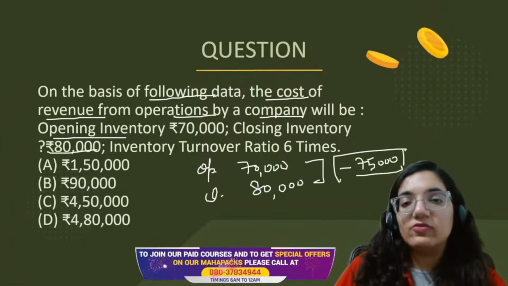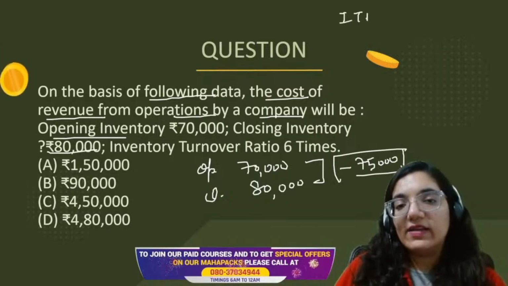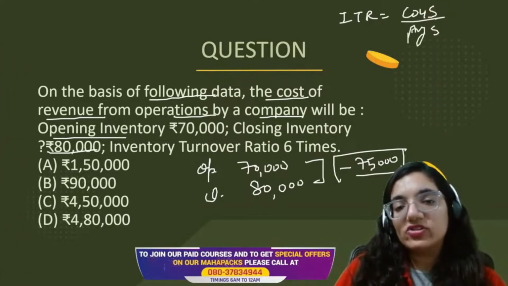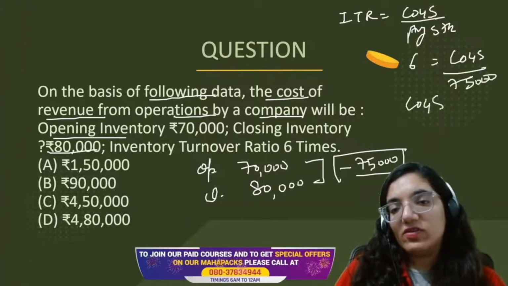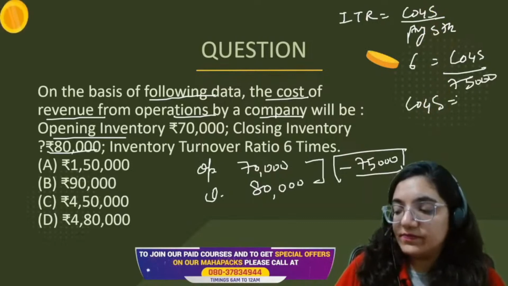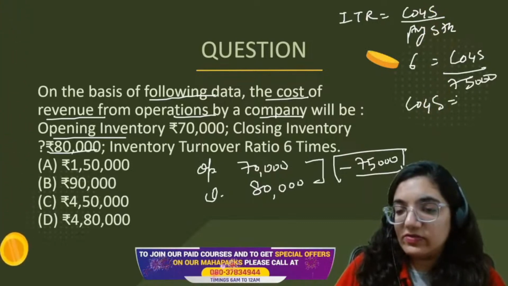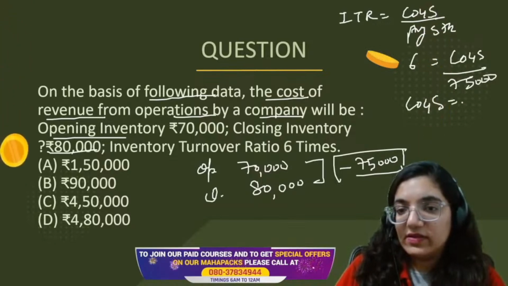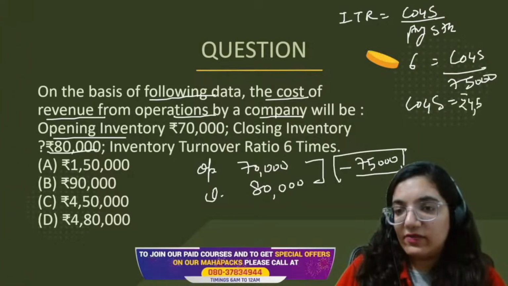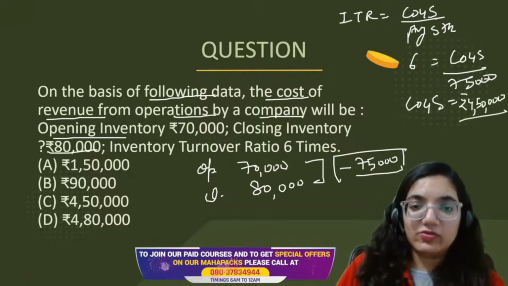Now if I use the formula, ITR is equal to COGS divided by average stock. This is 6 is equal to COGS divided by 75,000. That gives me COGS is equal to 75,000 multiplied by 6. It gives me rupees 4,50,000. Done, everyone? So this would be the answer.